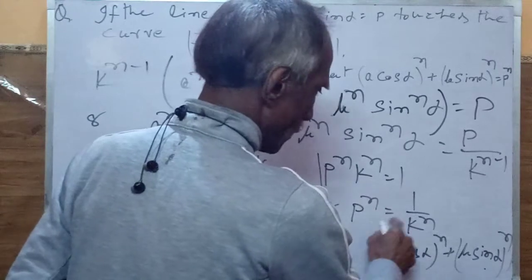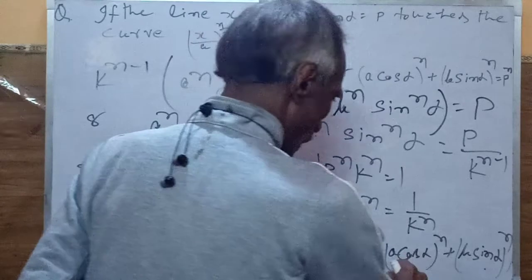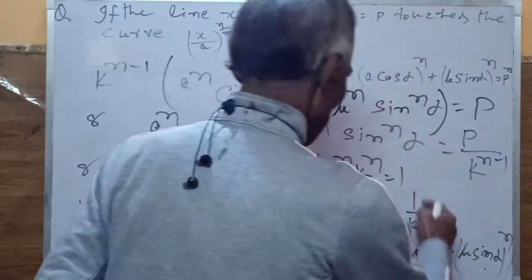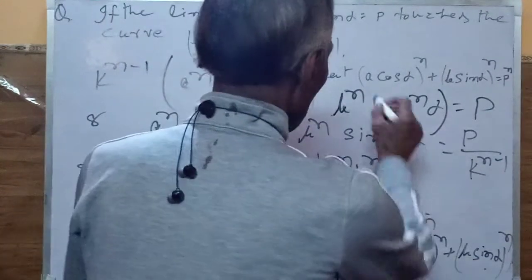Now p^n can be written as 1 by k^n. Now 1 by k^n can be written as (a cos alpha)^n plus (b sin alpha)^n. From equation 5 you can write this. Hence proved, what we had to prove.